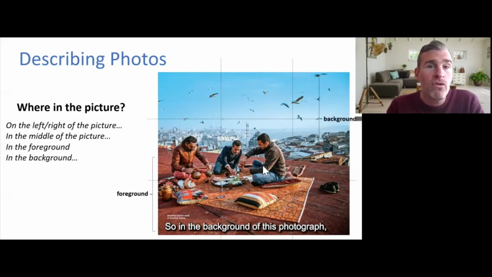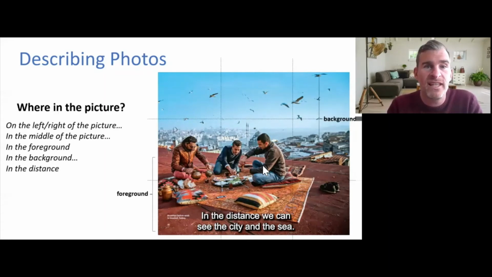So in the background of this photograph, we can see the city of Istanbul and the sea. We could also say in the distance or behind them. So in the distance, we can see the city and the sea.